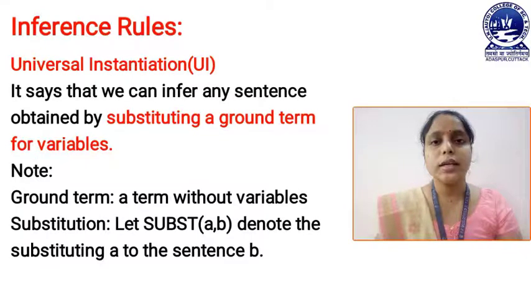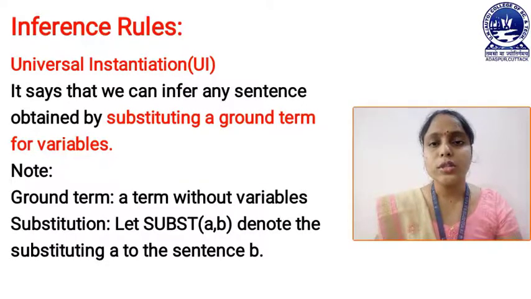Before understanding this definition, we have to know what is a ground term and what is substitution. A ground term is a term without variables. Next, substitution. Let SUBST(A, B) denote substituting A into the sentence B.